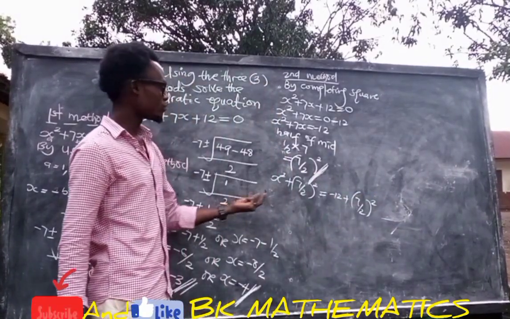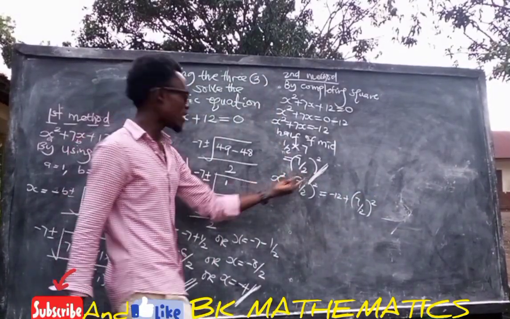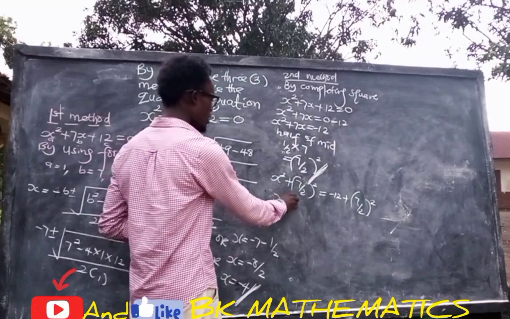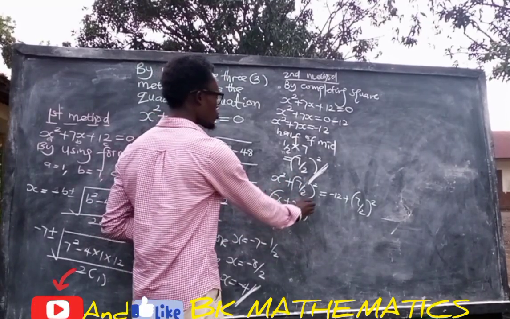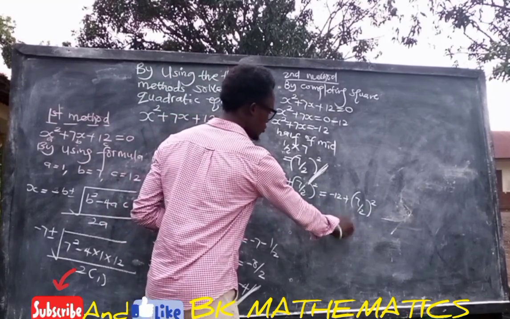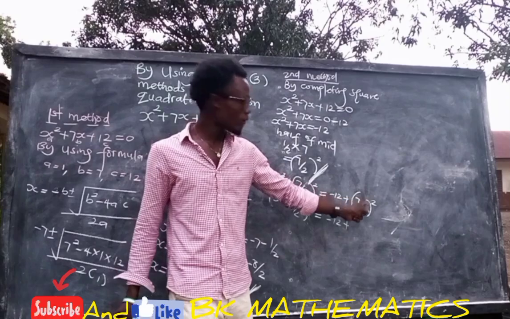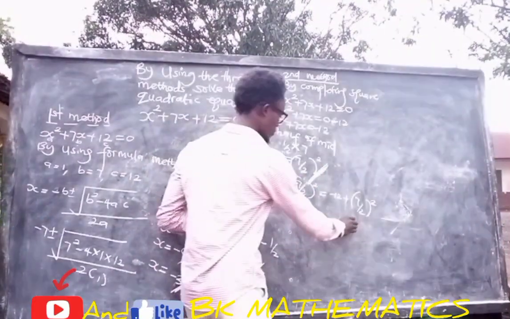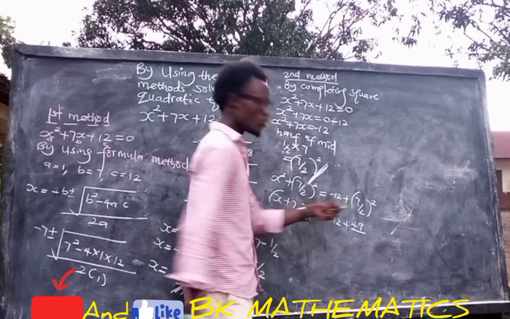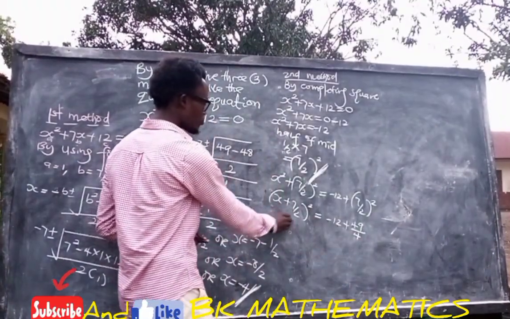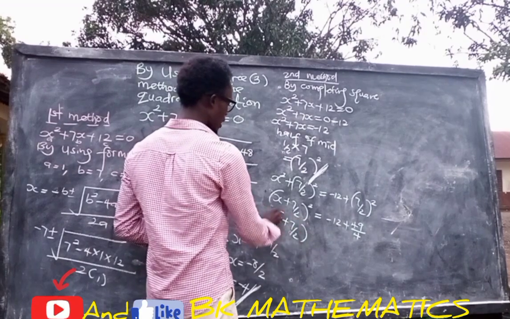Then after which we try to simplify this point. Then this one becomes x plus 7 upon 2, everything squared, is equal to minus 12 plus. Now if you are simplifying this one, 7 square giving you 49 divided by 2 square giving you 4. Okay, then we say x plus 7 upon 2, everything squared, is equal to.